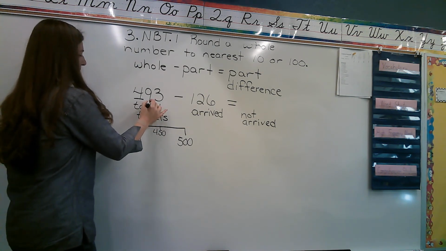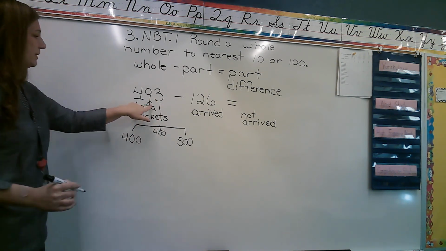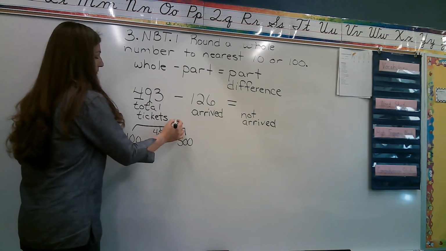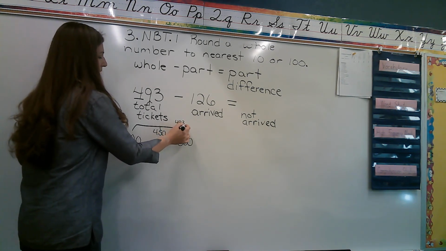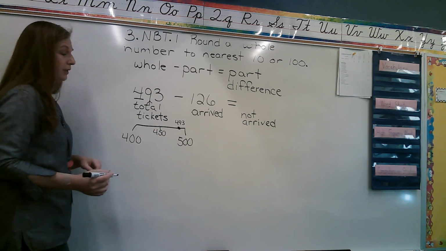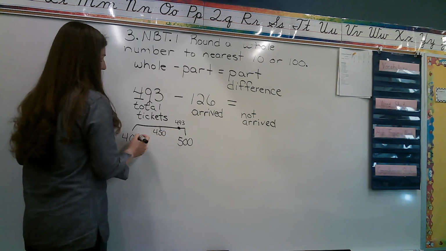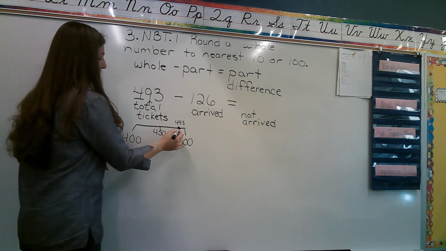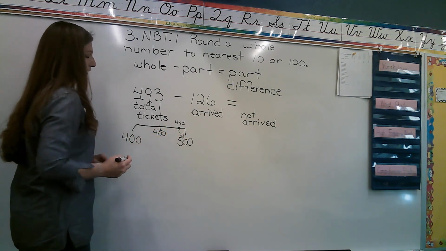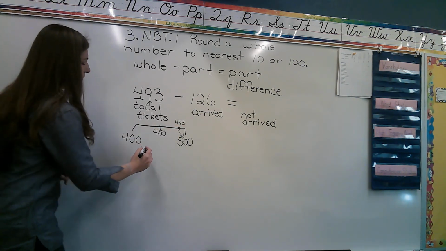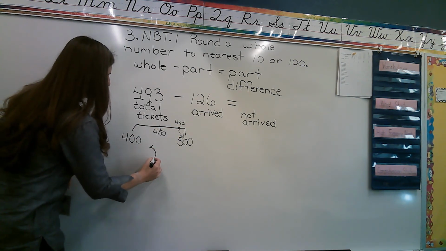So we look at our tens place, and we can see that 493 is going to be maybe somewhere around here. Not exactly, but we could get pretty close, especially if we use our multiples of 10 chart. We can see that 493 is past 450. So we can say that it's going to round to 500.